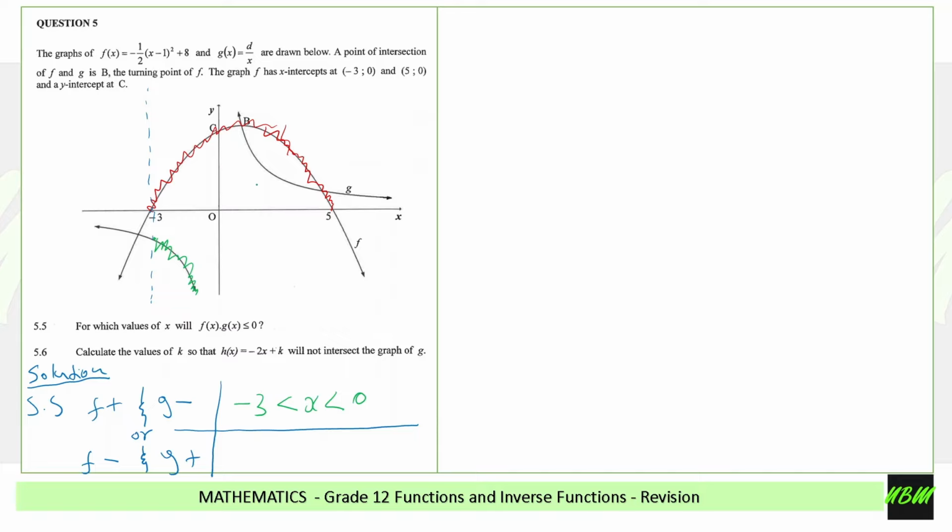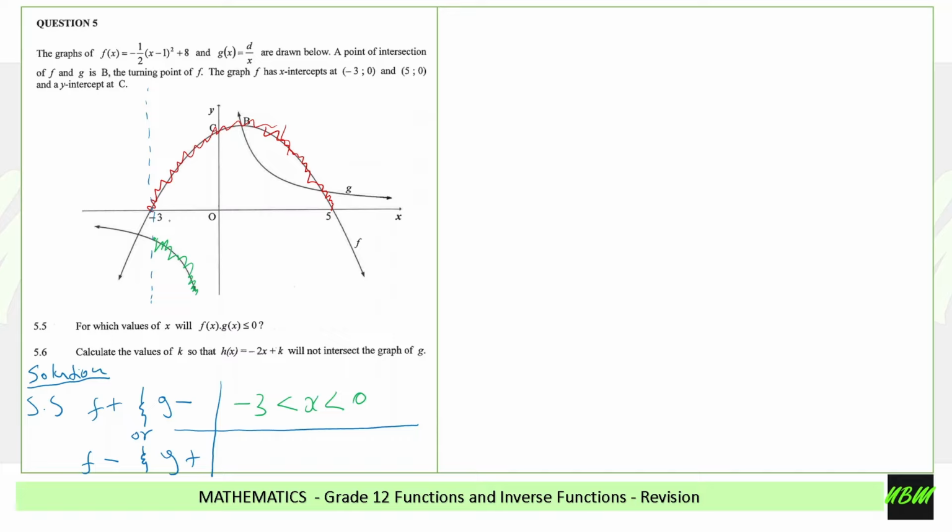Then going to -3. Now, on the graph of f, where x is -3, what will be y? Y will be 0 at the x-intercept. 0 multiplying the value of y on the graph of g, where x is negative, you can see from the graph that that value of y will be negative.